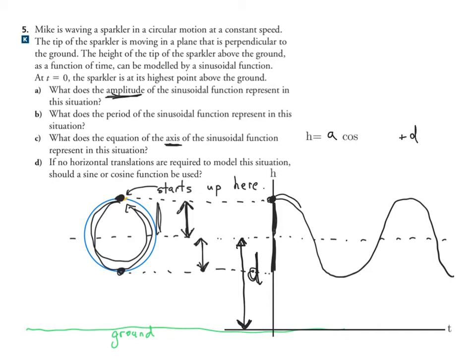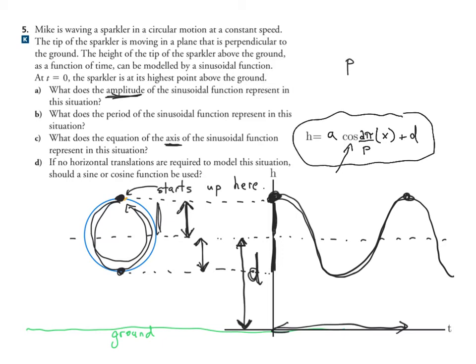Whatever the period is from here to here, so however much time it takes to do one full cycle, let's just call that p for now. That would be 2 pi over p would go there. And then here you just have to put x, because you don't have to do plus or minus anything since we're starting at the top. So that's actually a smart move, to start with a cos curve so that we don't have to shift it left or right. And so this would be our equation.